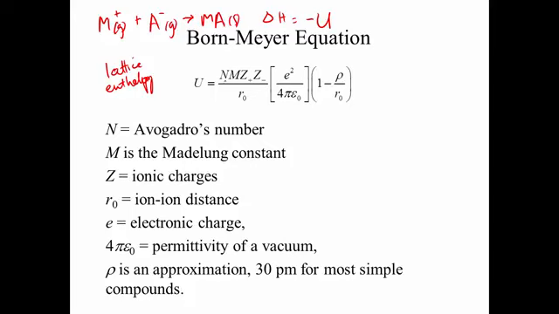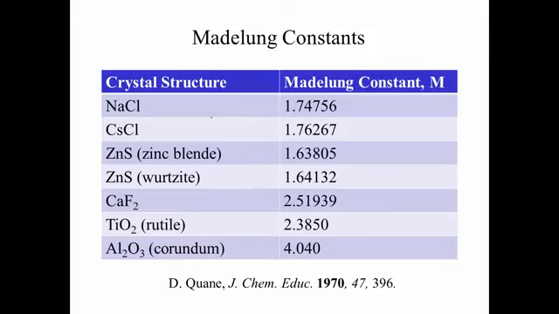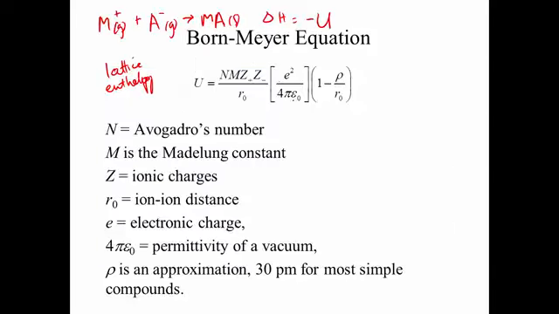Okay, so we have the Born-Meyer equation is one way to calculate the lattice enthalpy, where we have the Avogadro's number, we have the Madelung constant from this table here. So if we know our crystal structure type, we can find the Madelung constant. We know the charges on our ions.